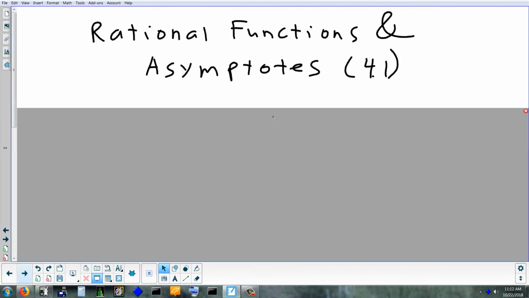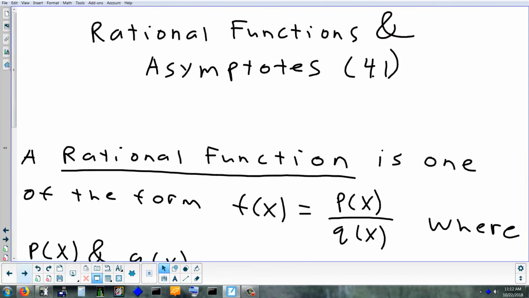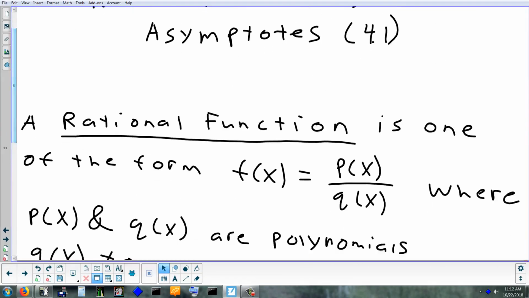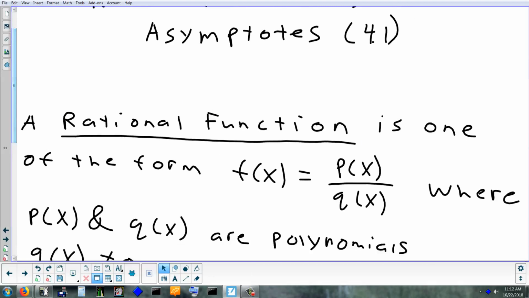All right, so now we're going to start to take a look at chapter 4. In chapter 4, we're going to get away from polynomials by themselves. We're going to look at what's called a rational function. Rational functions are really made up of polynomials.